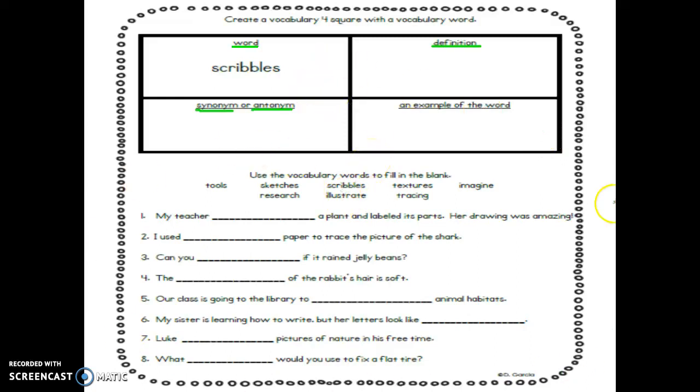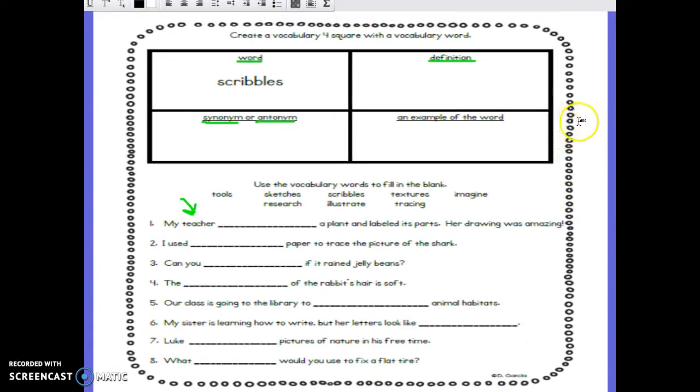And then the bottom of the page is a simple complete the sentence using the vocabulary word that makes the most sense. So after putting in a vocabulary word here, you need to read the sentence and make sure it actually makes sense. Sometimes we put words in there and we don't actually go back and read them and make sure they sound right or make sense. So for example, my teacher blank a plant and labeled its parts. Her drawing was amazing. If I put the word tools in the blank, now let's read the sentence.